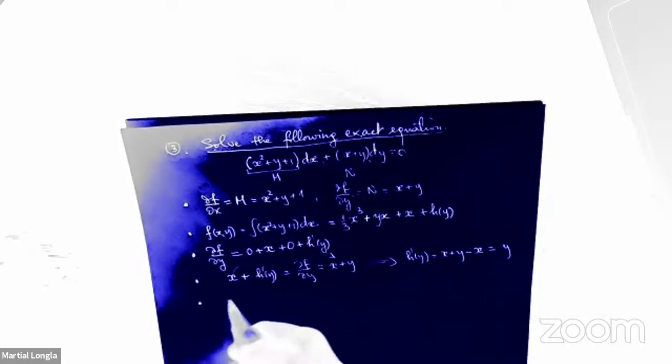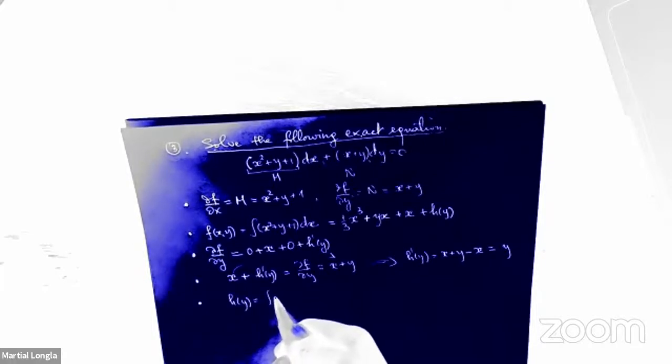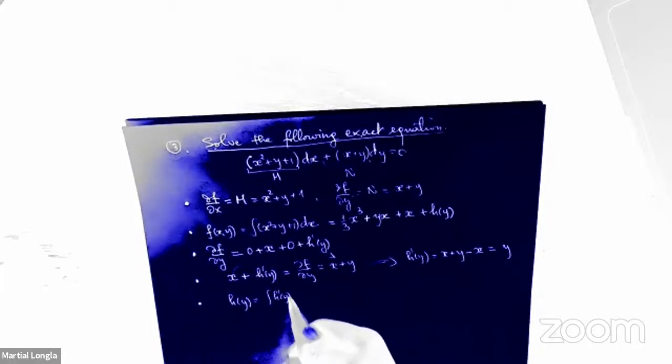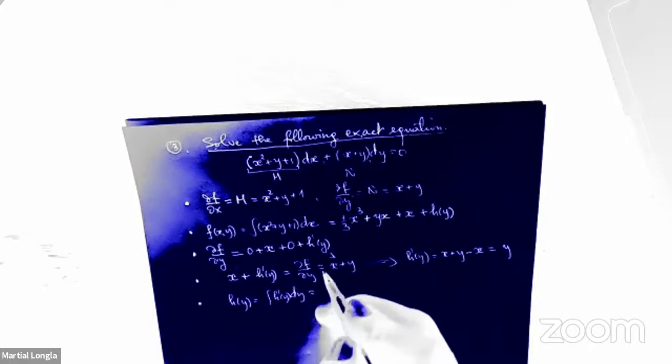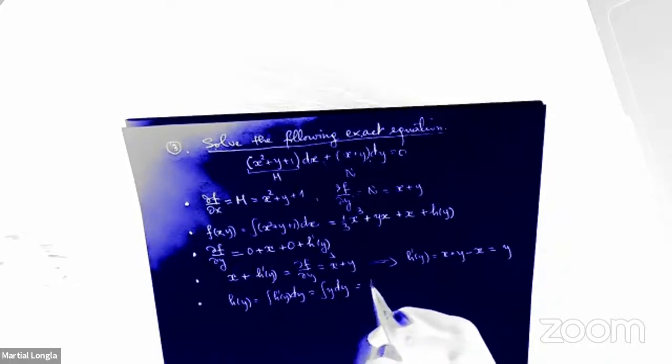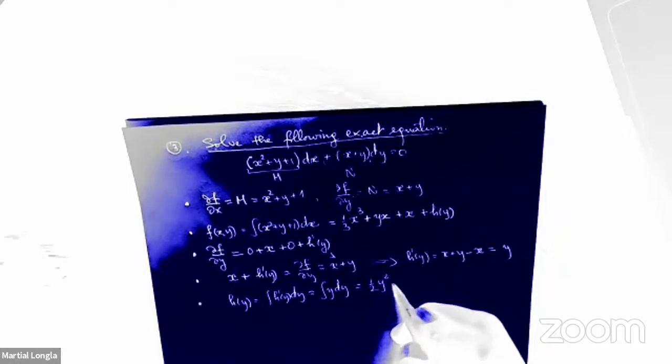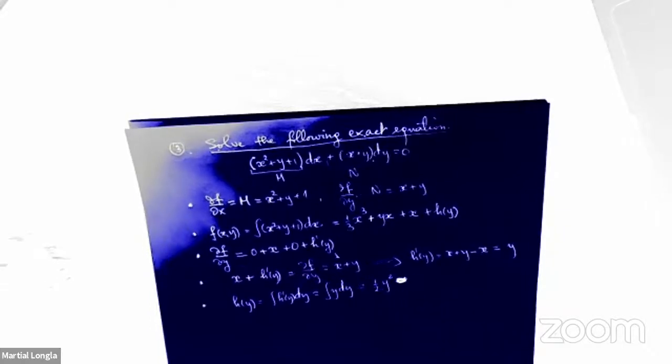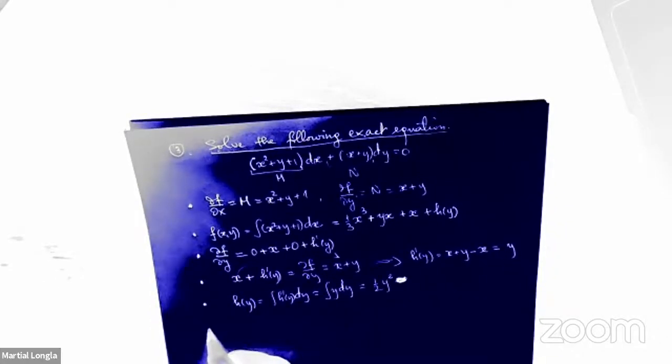Next step says you find h of y as the integral of h prime of y dy. In this case, that's the integral of y dy, and that's 1/2 y squared. You can add the constant now or not, if you know how you're going to write the final answer. And the next step says take that h into the formula of f.